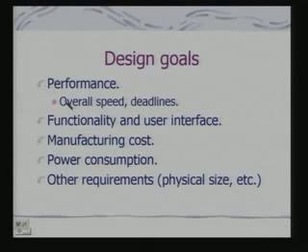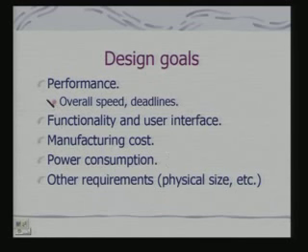So, the design objectives, if we look into it, we have a very important design goal in terms of performance, the overall speed and deadlines, then functionality and user interface, manufacturing cost, power consumption, physical size. These are very, very important. Look into them, because these are not always obvious.